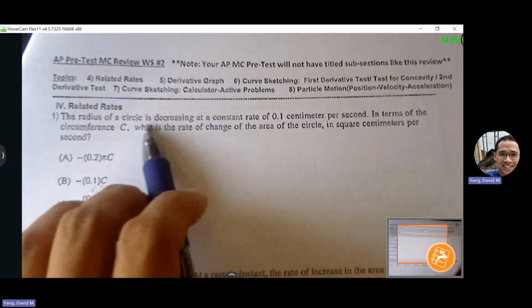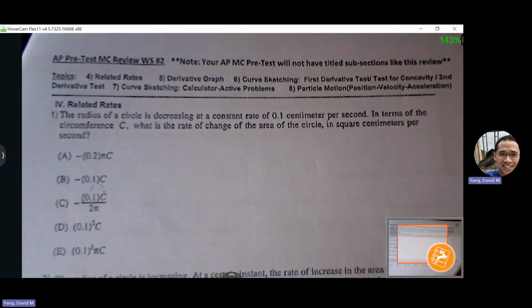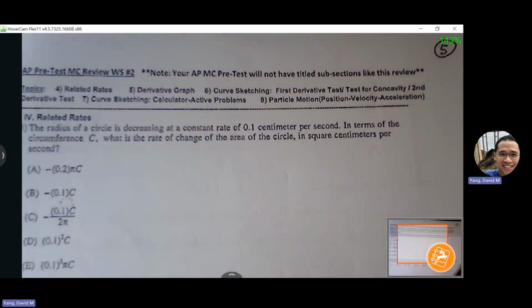So here it says the radius of a circle is decreasing at a constant rate of 0.1 centimeters per second. In terms of the circumference, what is the rate of change of the area of the circle? It's in square centimeters per second.